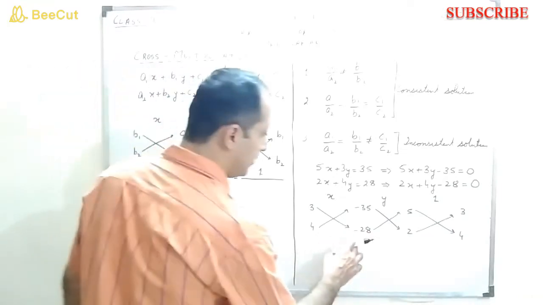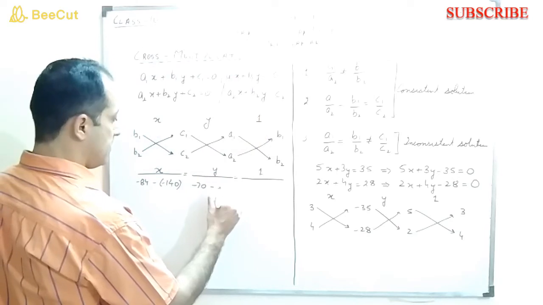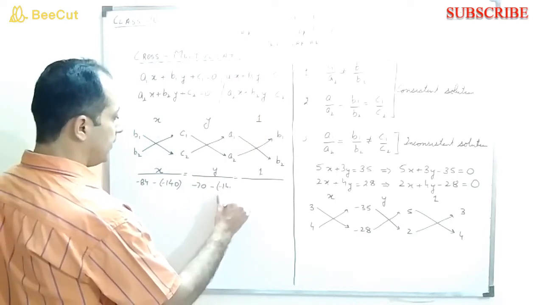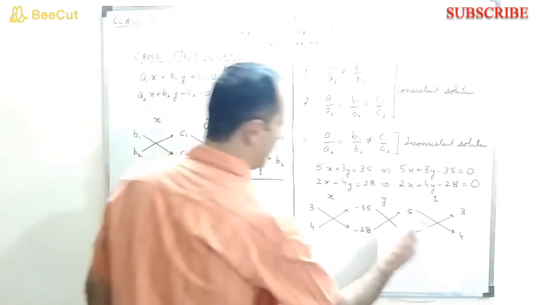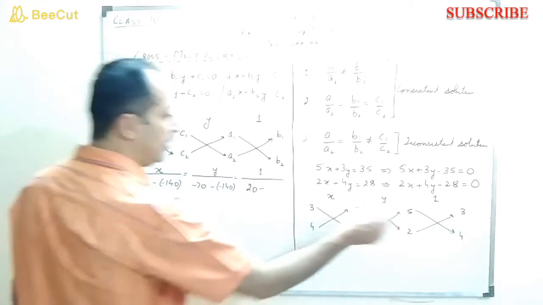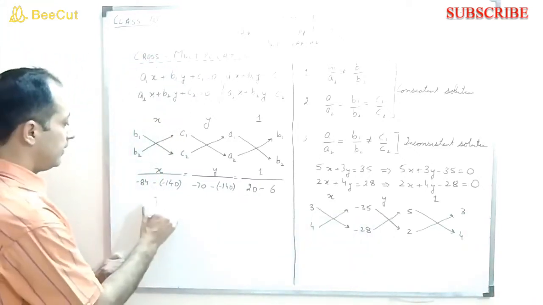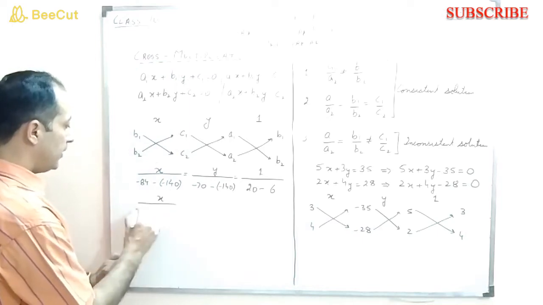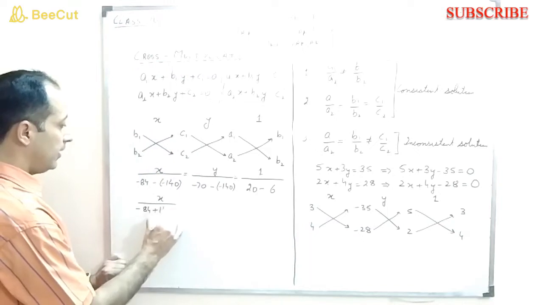And then I multiply this minus 28 by 5. I get it as minus 140. Now, here this is 5 into 4 minus 3 into 2, that is 6. Now we open the bracket, and we know when we open the bracket, this negative into negative becomes positive, that is 140.